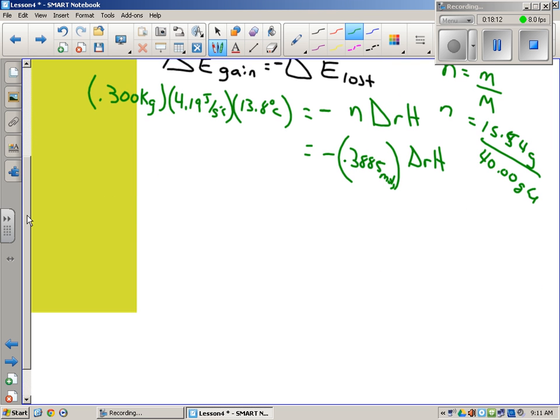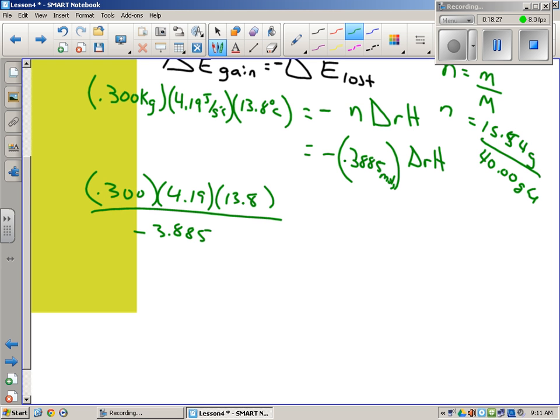So we're going to, of course, take our 0.300 here. I'm going to skip the units again just for time's sake here, guys. 13.8. And I'm going to divide that all by, don't forget there is a negative here, negative 0.3885 moles here. Remember, if I did all the units on this top part here, it'd be kilojoules, right?